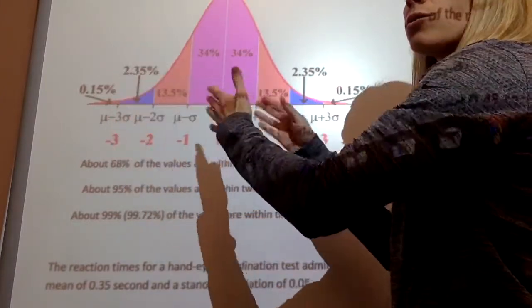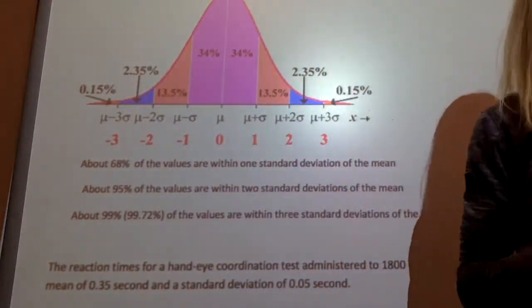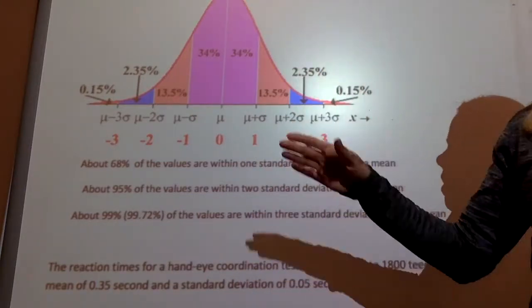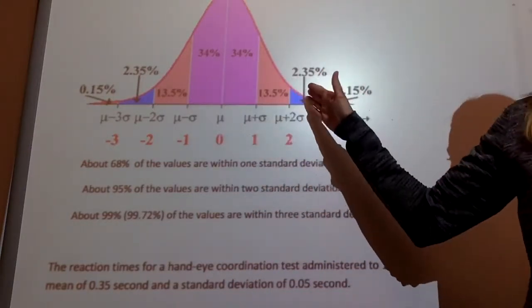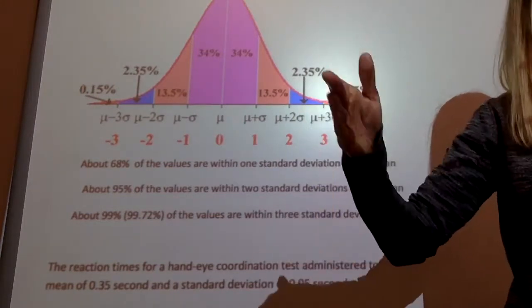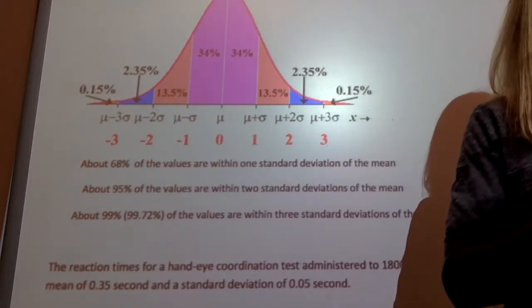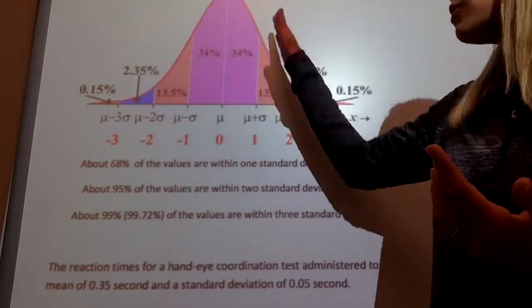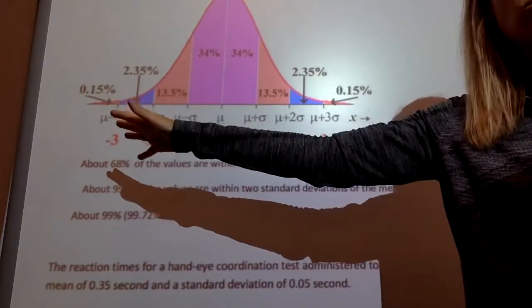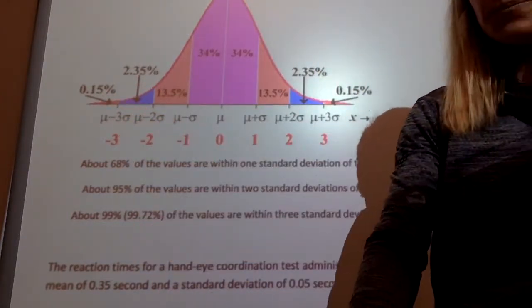Okay, so they use this to determine a lot, like scholarships. You have to have above a 26 on the ACT. Why? Because you're going to be in the top 90% of students. That's why they set certain ACT scores, because with the bell curve, you're proving your way up here. You're better than 90% of the students.